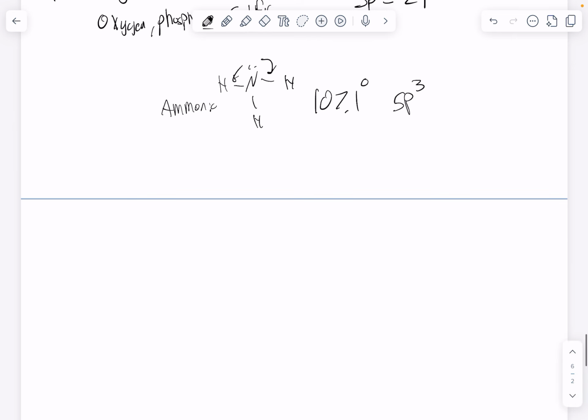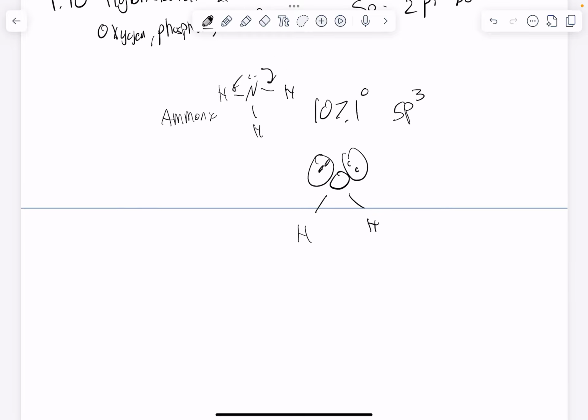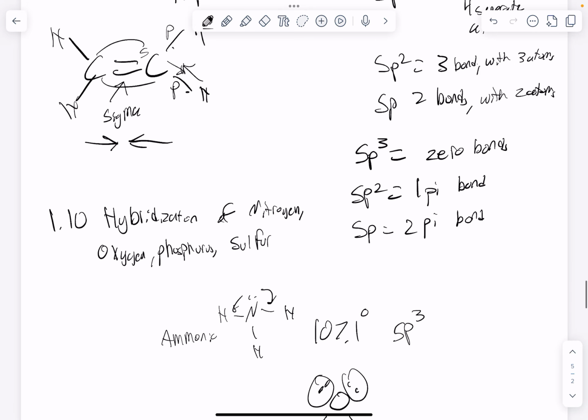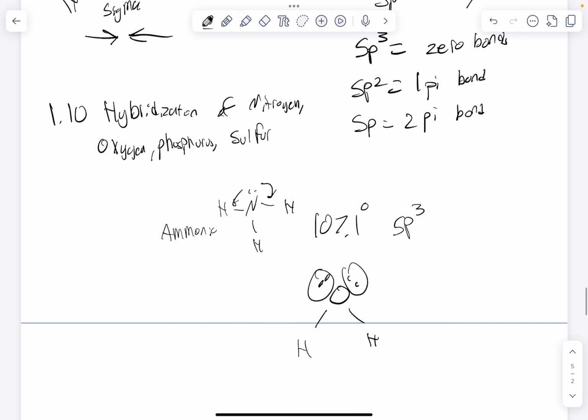Same thing with oxygen, right? Oxygen is only bonded to two atoms, but because of these lone pairs, it deviates from this rule of thumb that I use, and it's also sp3 hybridized because it's based on the geometry, because this angle is 105.5.